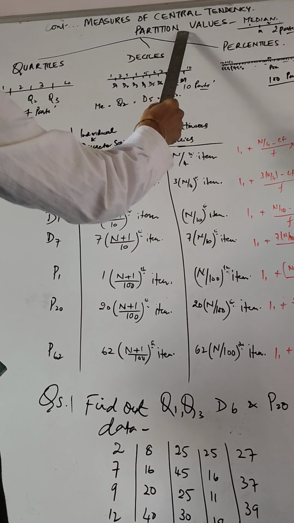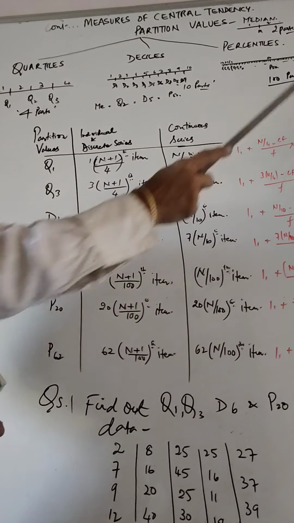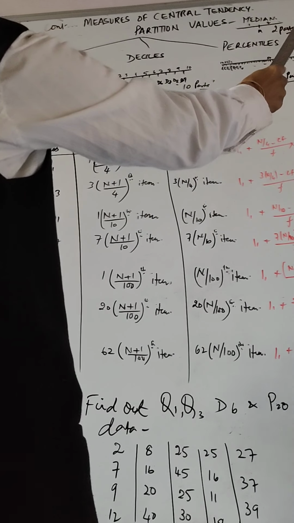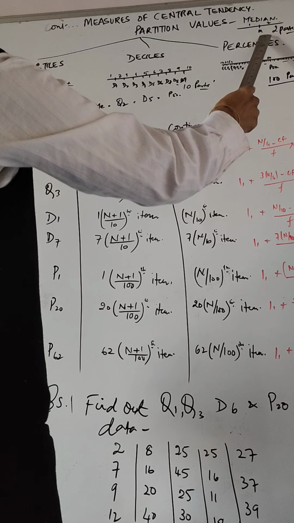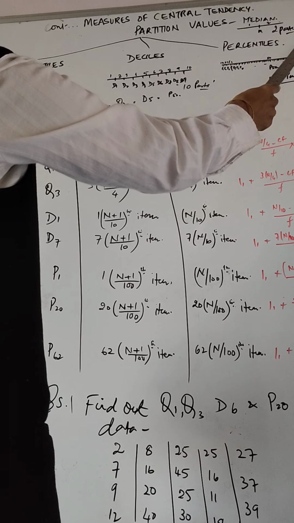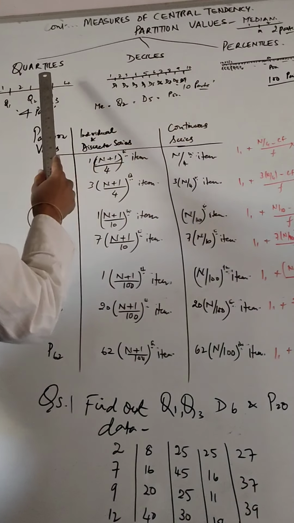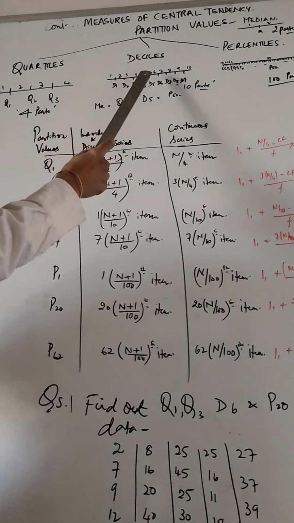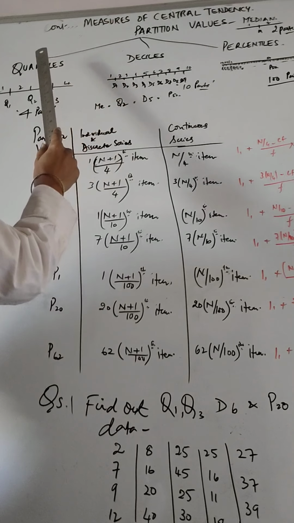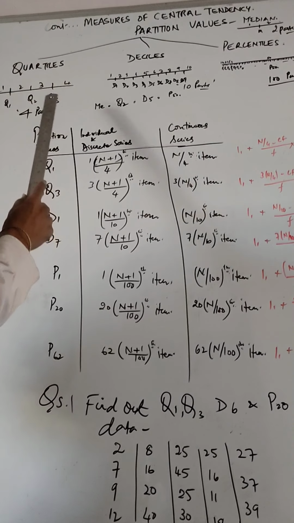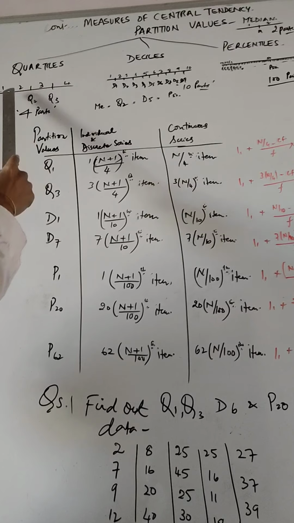And in partition values, we've already been introduced to median that divides the entire series into two parts. So, median is the midpoint. In that way, we have what is known as quartiles, deciles, and percentiles. So, now what are quartiles?